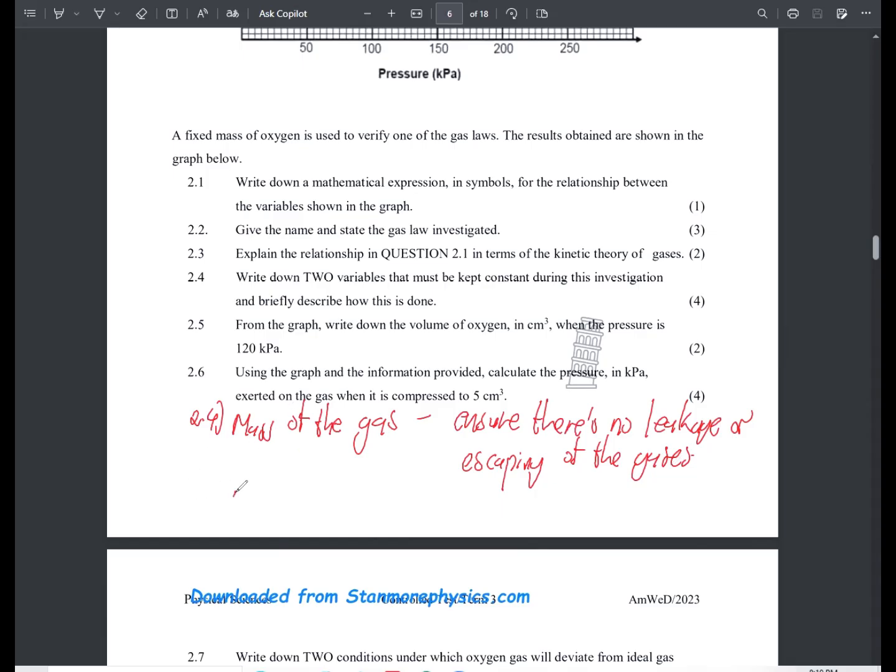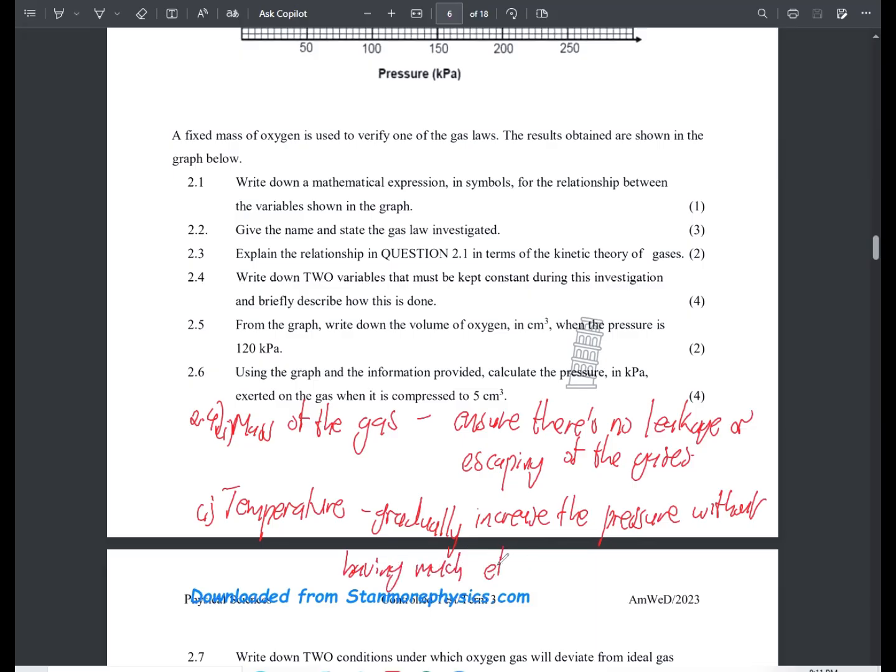Then another thing that should be kept constant is obviously the temperature. We know these 2 are the ones that are normally kept constant. And then temperature, you just gradually increase the pressure without having much effect on the temperature.